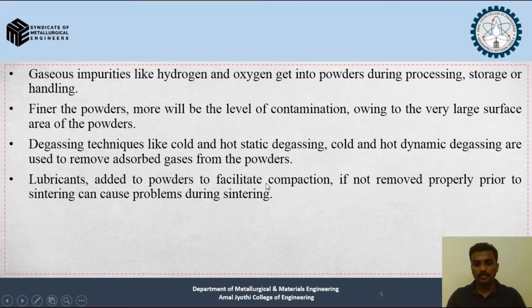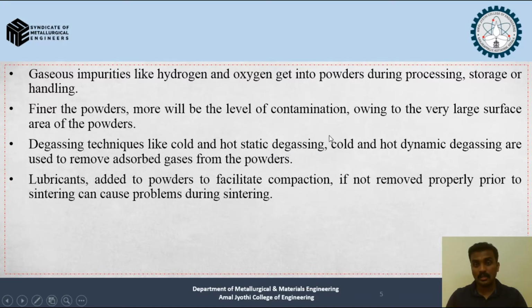Moving on, we have further problems related to powder contamination, like gaseous impurities such as hydrogen and oxygen getting into the powder during processing, storage or handling, and we have to remove these gases. We have processes called degassing techniques, like cold and hot static degassing.